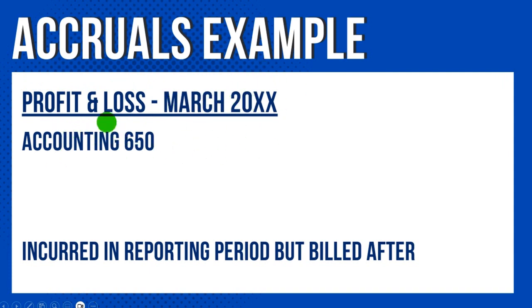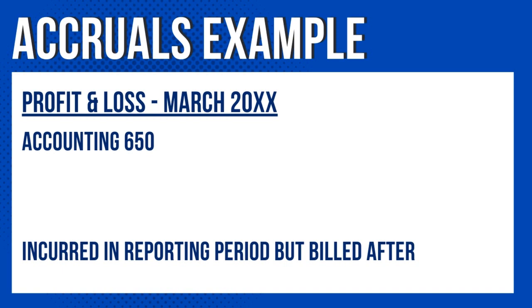But let's say that this bill actually arrives and is dated in May 20 whatever. So 2 months after the reporting period, there is a cost that relates to the reporting period. If we don't do an accrual, this accounting cost that relates to March 20 whatever is actually going to show in the next set of financial accounts, which isn't correct, because we want the expenses, the costs, to show in the periods that they were actually incurred, not the date of the invoice.